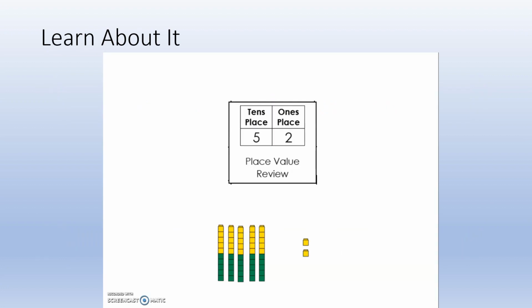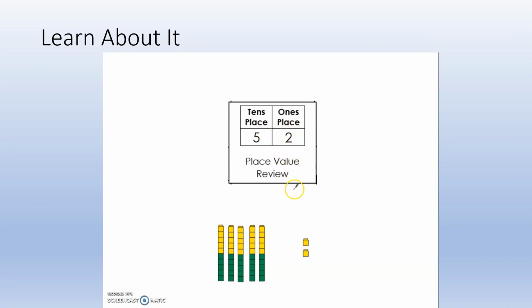Today, we're going to be looking at how a hundreds chart can help us recognize place value patterns when adding and subtracting 10 or 1. But first, let's review a little bit of what we know already about place value. In a two-digit number, the position of the digit in the number determines its value. The first number on the right is in the ones place, and then the number directly next to it is in the tens place.